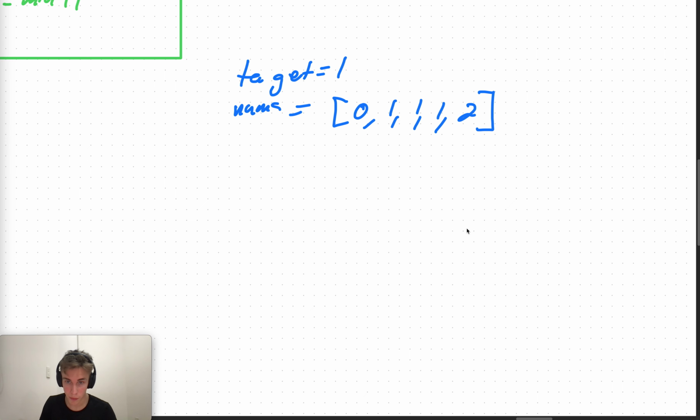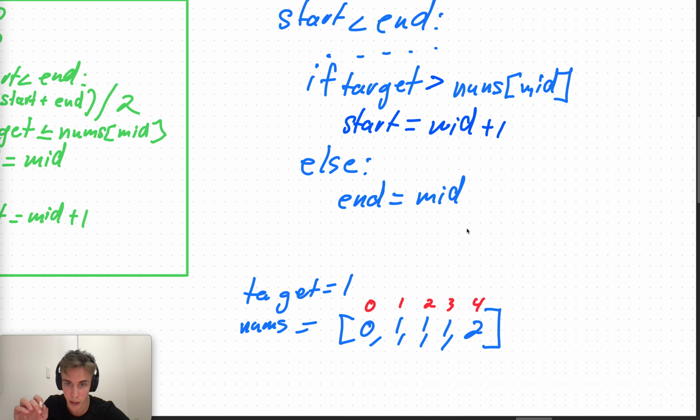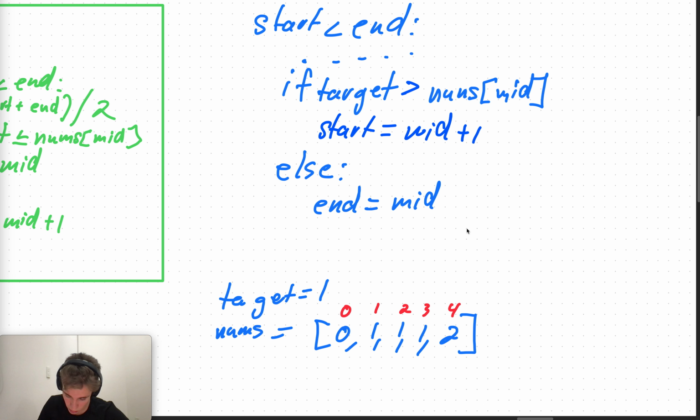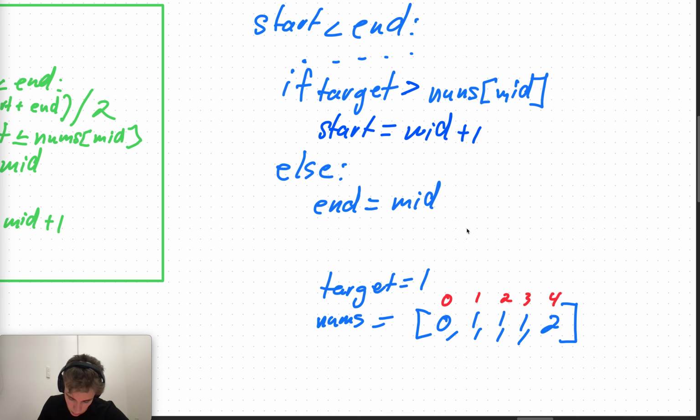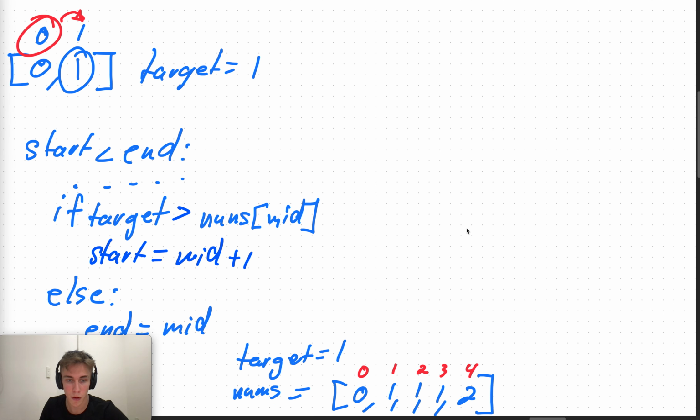At first iteration, we have these indices in scope. Start is pointing at 0, end is pointing at 4, and our target is 1. By the way, we're doing this pseudocode right here, so I'll keep that in mind. Actually, let me just put this to the side. It's going to be easier to follow.